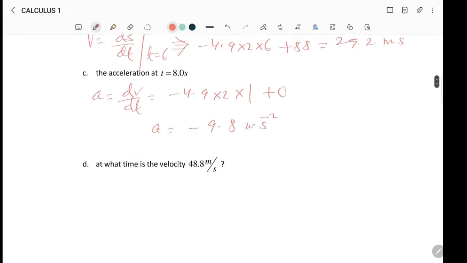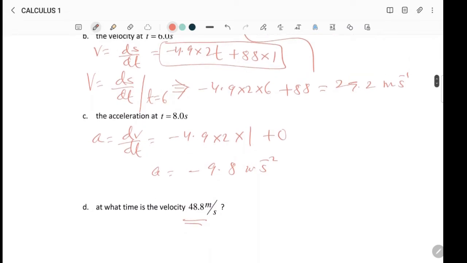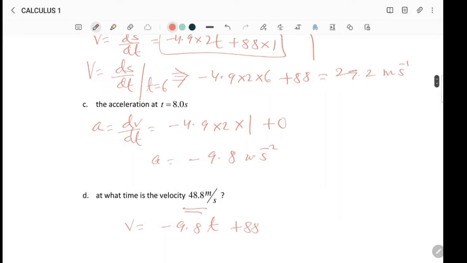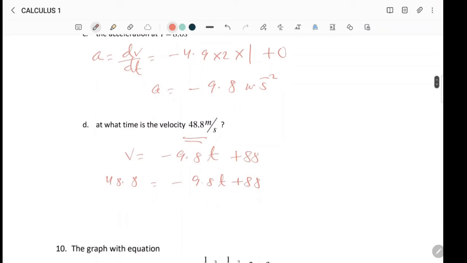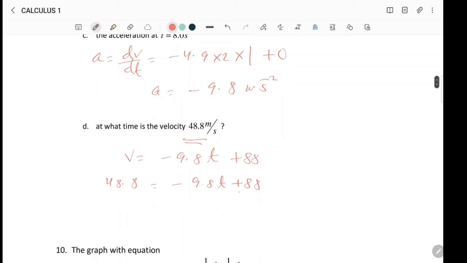Now let's move to the next question. At what time is the velocity this? So what is the velocity? We have the velocity expression minus 4.9 times 2, so minus 9.8 times t plus 88, and the velocity is 48.8. So 48.8 equals minus 9.8t plus 88, okay? Then we can shift the 88 to this side.